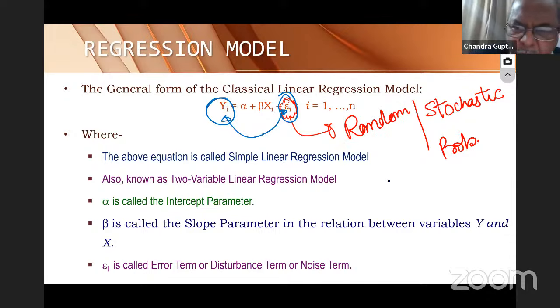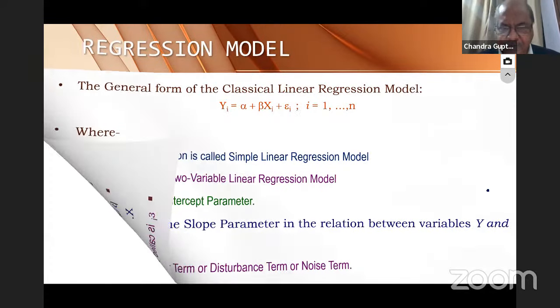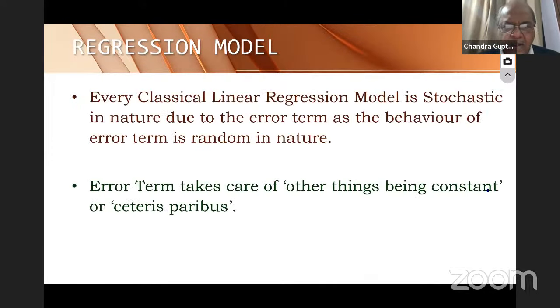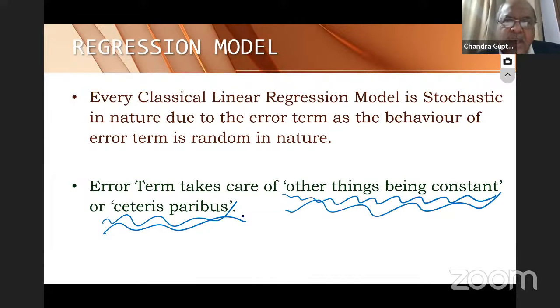And that's why the model is called a stochastic model. And this error term takes care of other things being constant, ceteris paribus. Because you cannot take all the variables into your model. You can take some of the variables and all other variables you believe are constant, and they will be pushed into the error term.